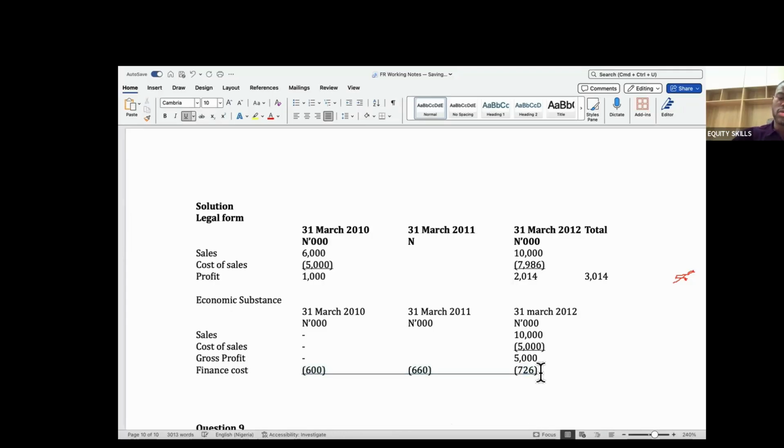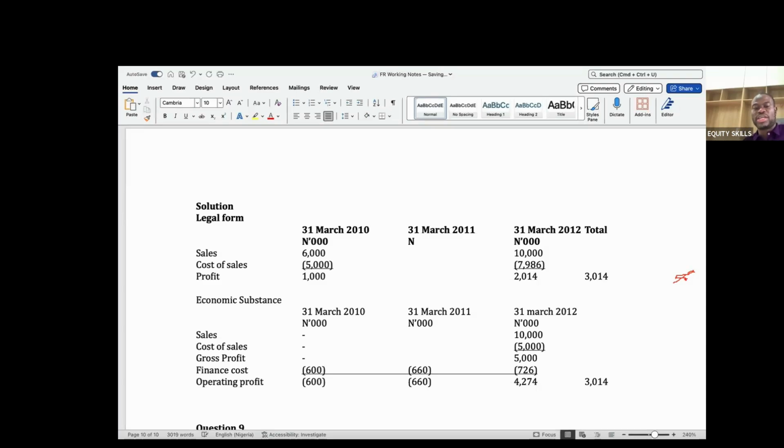So this is 600. This 660. And how much is this? 5,000 minus 726. This is 4274. So what's the total? 4274 minus 660 minus 600.